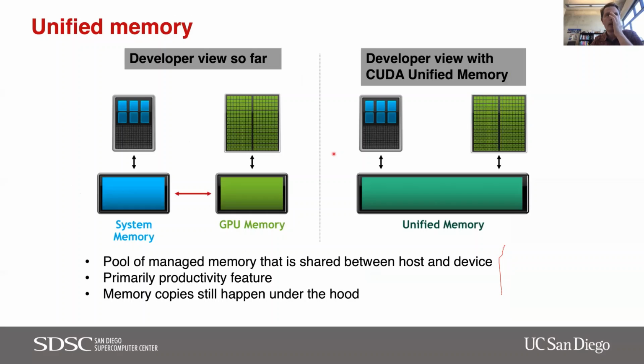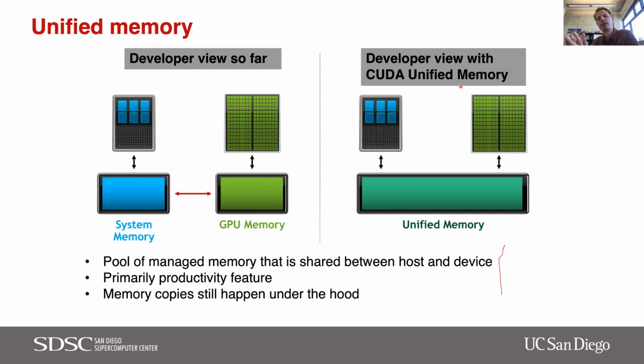And so I've been lying a little bit in the sense that you have to manually manage that memory. So you have the system memory, the host memory, and the GPU memory, the device memory. There's actually something in CUDA called CUDA Unified Memory, so you can use that in programming. That has a different API call in which you can just allocate an array, and the runtime under the hood will basically handle that for you.